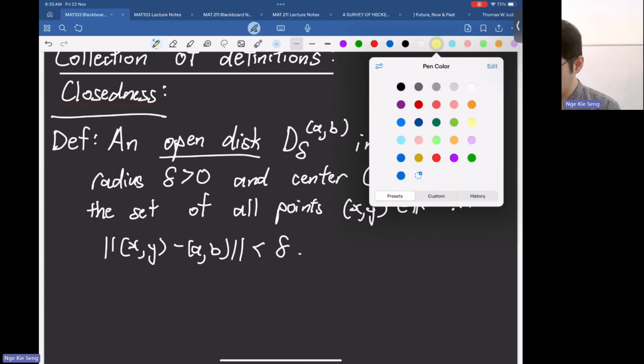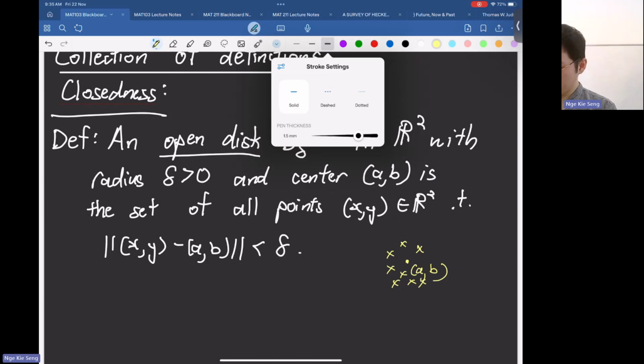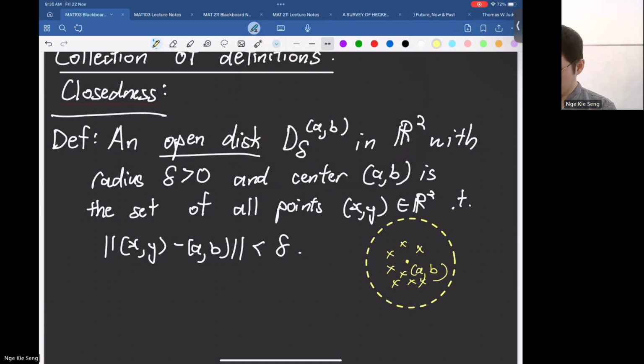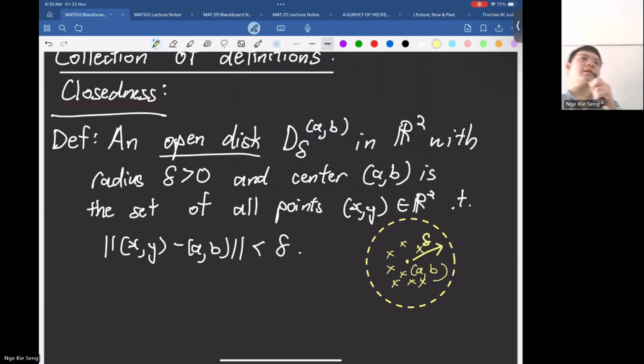You should start with a center first. Let's call it (a,b). And then you look for all the other points such that these points are within delta distance. So let's put a delta distance here. But not including all the points that are exactly on the delta distance.